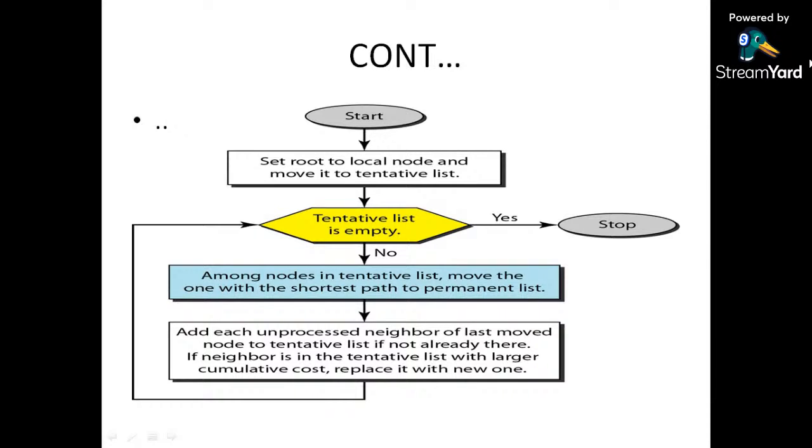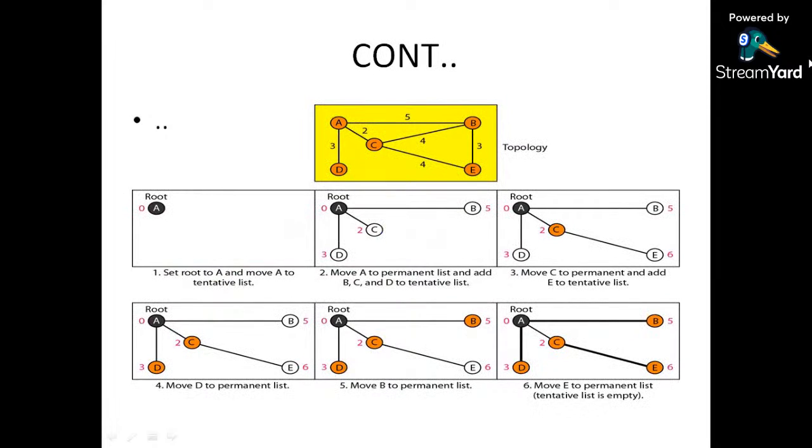If a neighbor is in the tentative list with a larger cumulative cost, replace it with the new one. Now this is a link state from which we can find this, until the tentative list is empty.